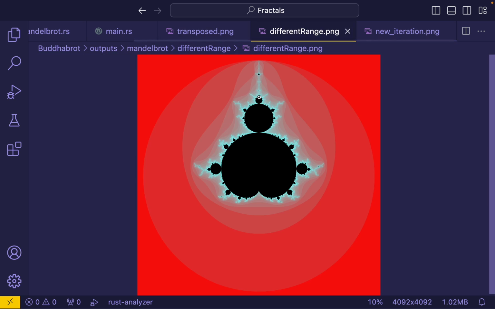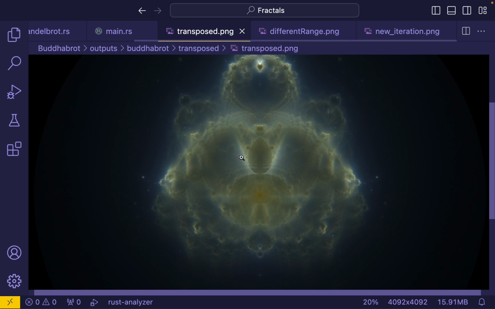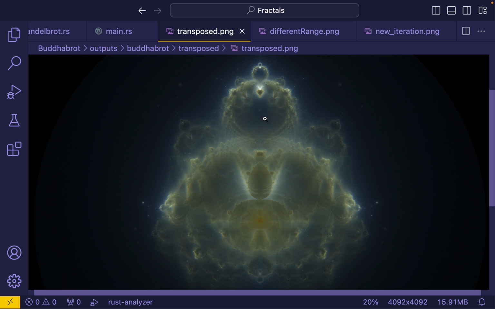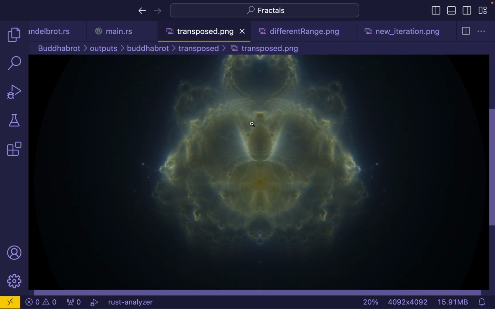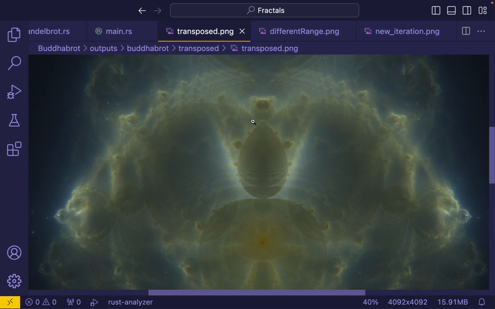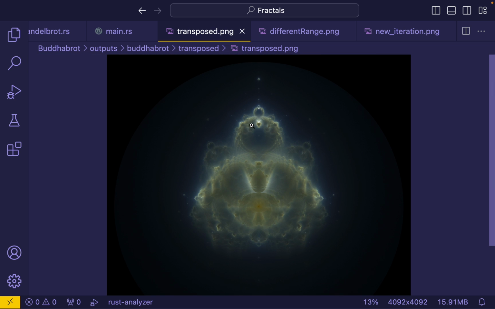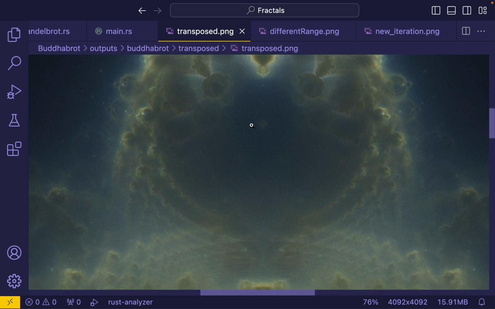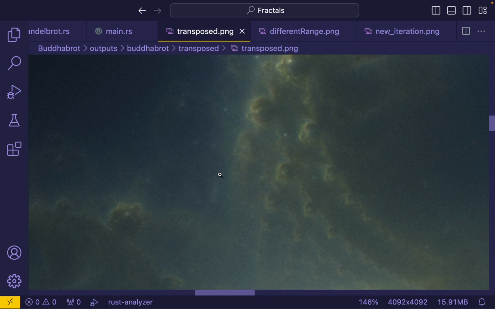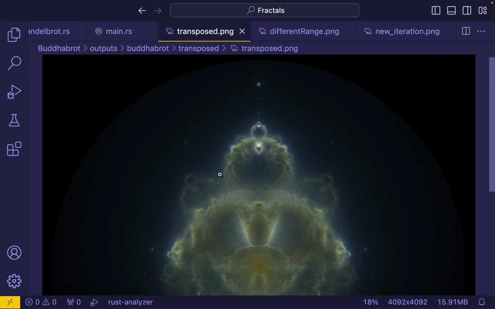It's kind of similar in the Mandelbrot set, but this looks so much more like Buddha, and it's just very beautiful to look at and to zoom in and find the different recurring patterns.